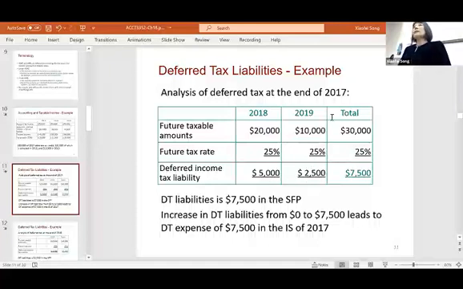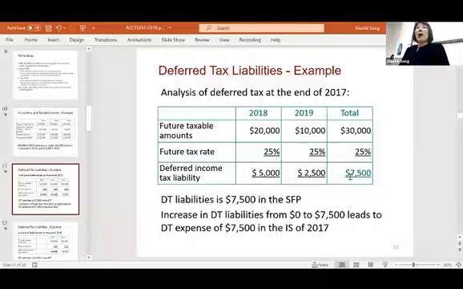And by the end of 2019, this temporary difference would be fully reversed. No more differences, right? So therefore, standing at the end of 2017, we say, oh, there is 7,500 tax which we defer now to the future, to be paid in the future.